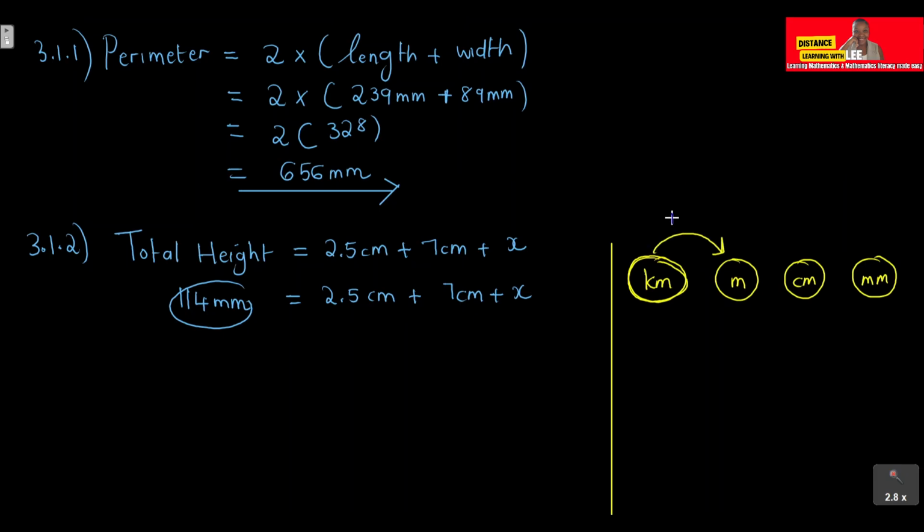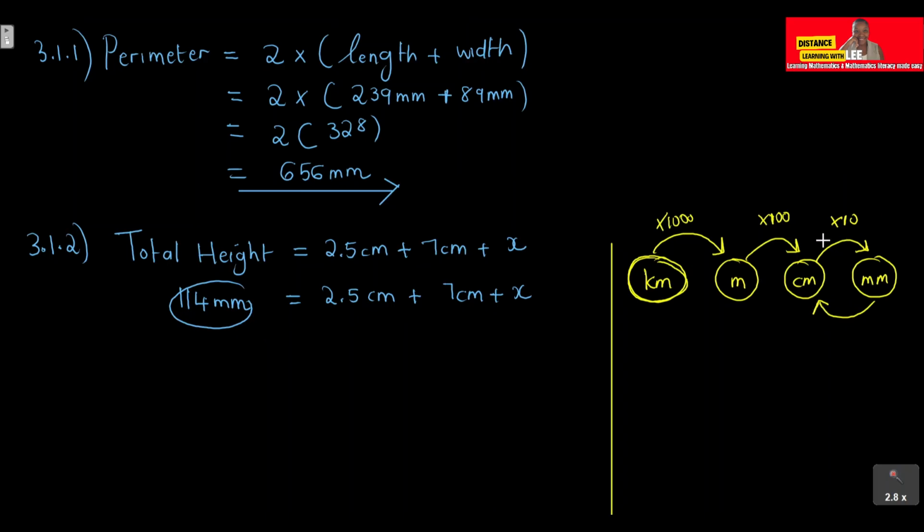You multiply by 1,000 if you're converting from kilometers to meters. You multiply by 100 when you convert from meters to centi. Think of a century, and a century is 100, so that'll help you remember that you need to multiply by 100. And then for millimeters, you multiply by 10.